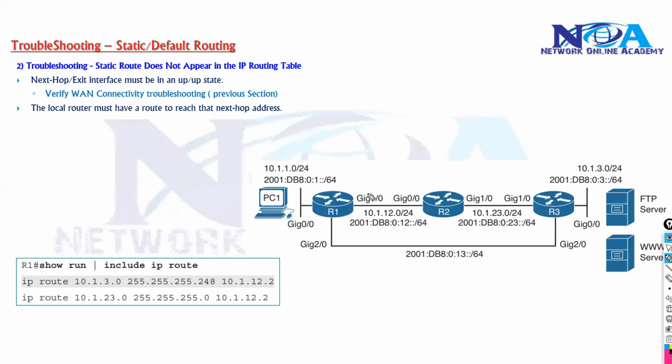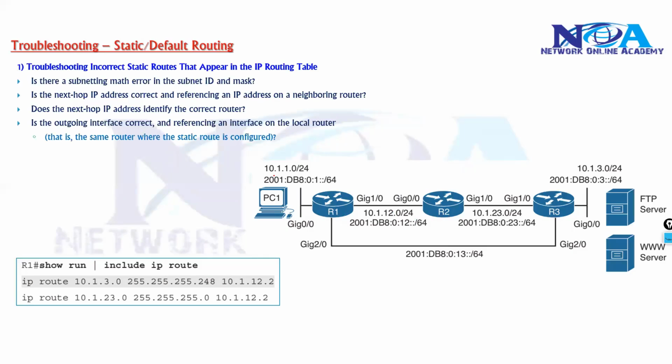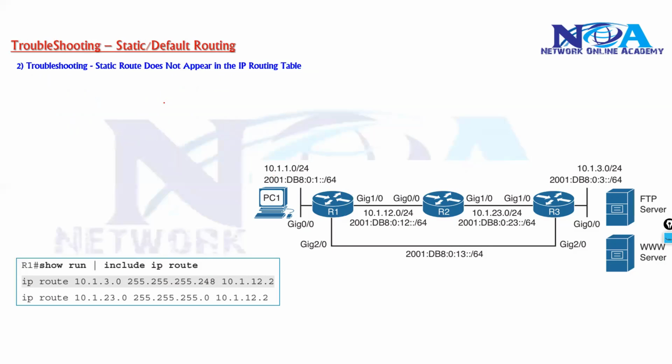So these are the two things we need to check while troubleshooting static routing if the route does not appear. The static route troubleshooting divides into two parts. The first part, as I discussed, is that maybe you see the route but it is incorrect, and these are the things we need to check. The second part is you don't see the route at all.